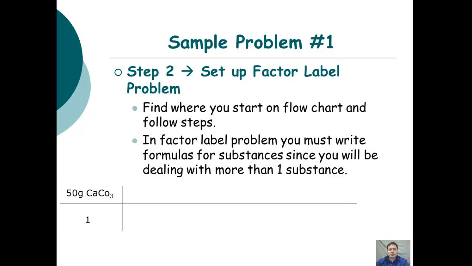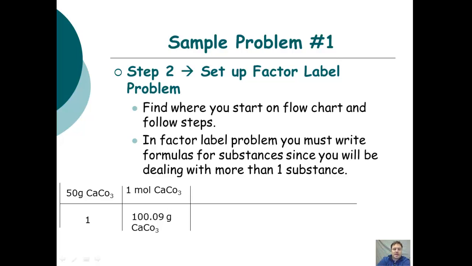First thing we need to do then is to convert grams to moles. So we use the periodic table to find the formula weight of calcium carbonate. Well, 1 mole of calcium carbonate is equal to 100.09 grams of calcium carbonate. So what we see now is we set it up so our grams of calcium carbonate have canceled out and we're left with moles.